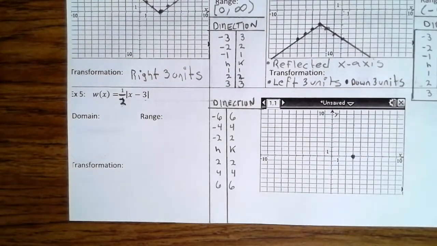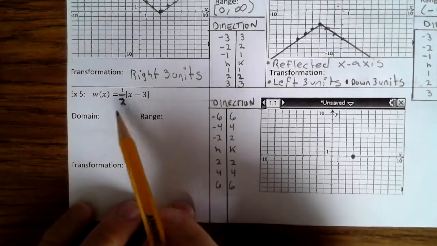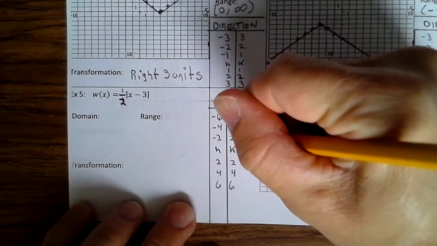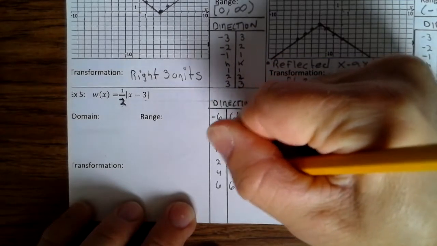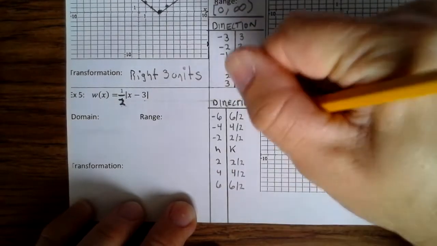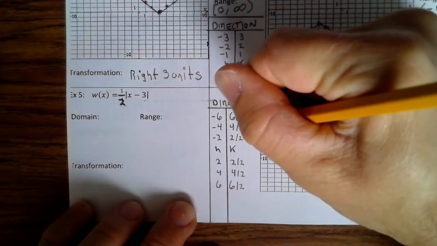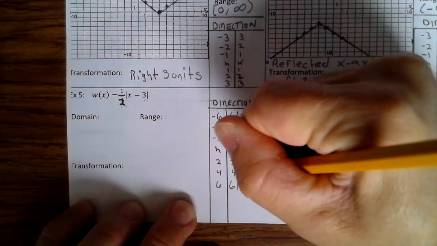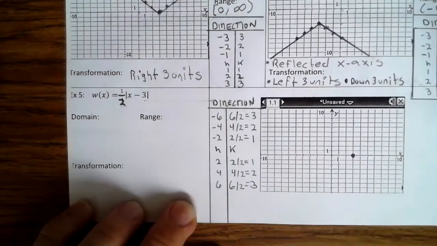Okay, and I picked these values because I knew that they were divisible by 2. So now I'm going to divide each of these by 2. So that's 3, 2, 1, 1, 2, 3.